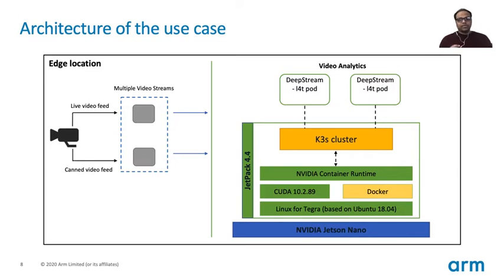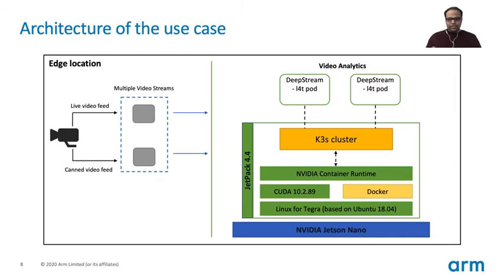In the live video feed, the camera is pointed towards a parking lot, and it's able to detect whatever objects are in the stream and provide them to the Jetson Nano. In the second one, the CAN video feed, a video is playing on a monitor, and the camera is pointed towards that monitor, recording those streams and sending them to the Jetson Nano.